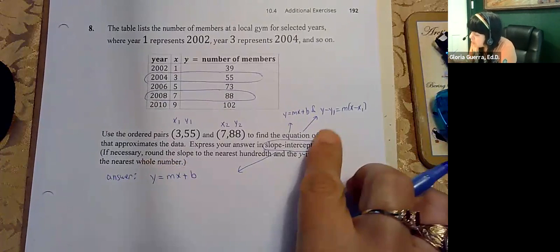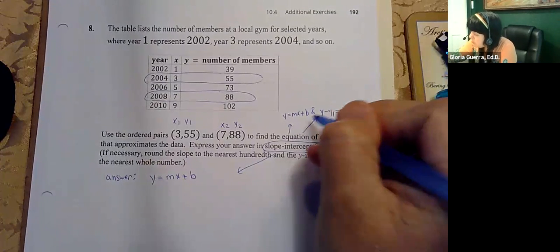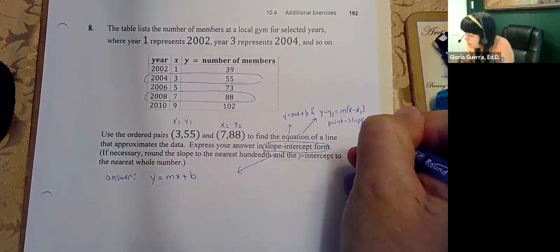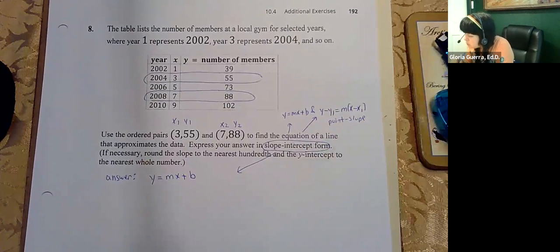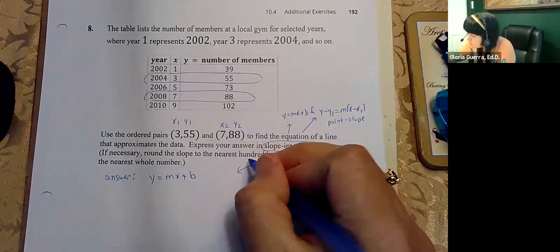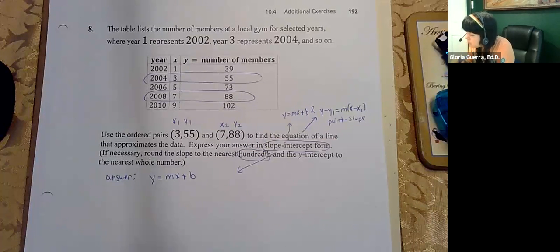This one is slope intercept, and this one is point slope. If necessary, round the slope to the nearest hundredths, and the y-intercept to the nearest whole number.